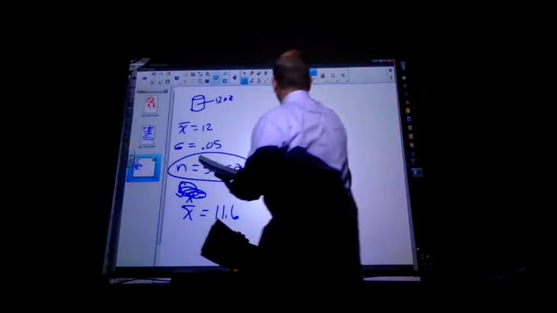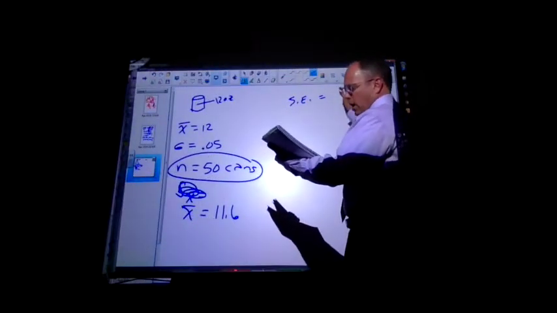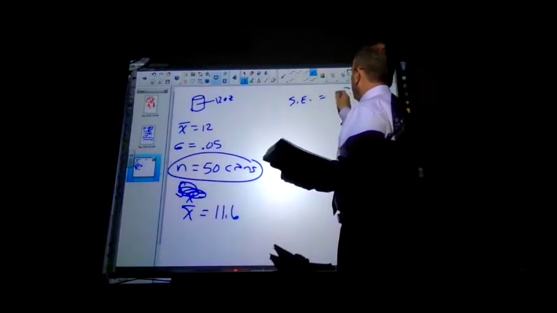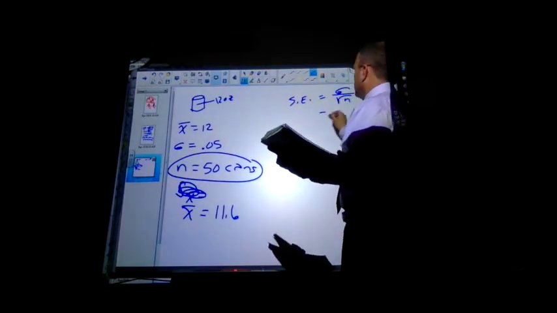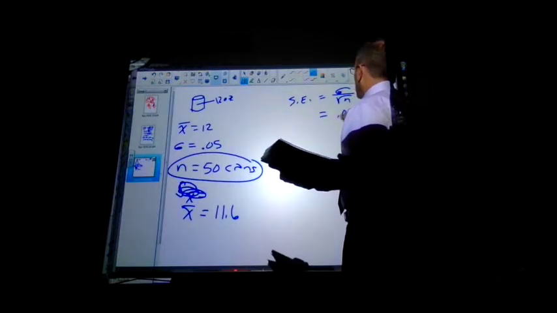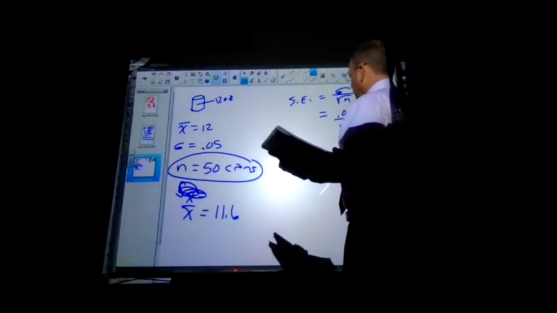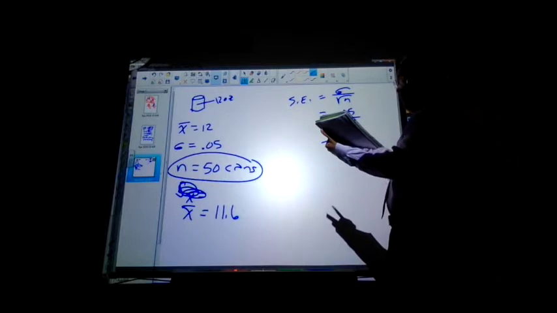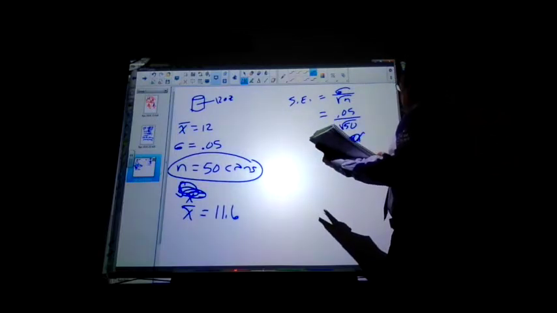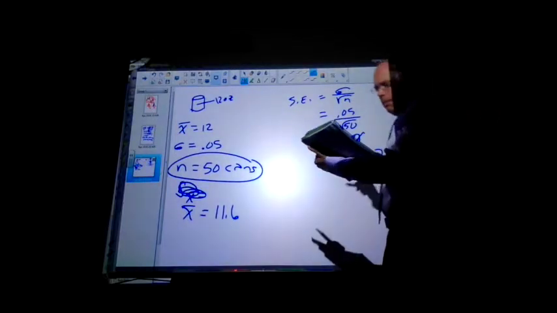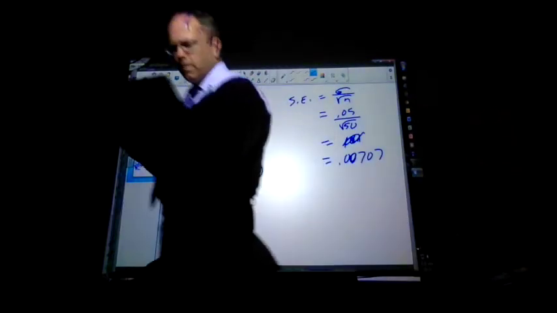So let's find the standard error. We take the standard deviation over the square root of the sample size. So 0.05 over the square root of 50, and this is going to give me 0.01, or wait, no, 0.00707. James Bond going on there.